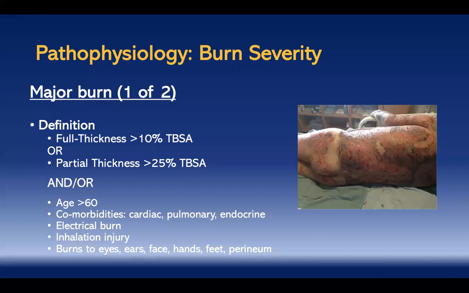If it's an electrical burn, because we're worried about the kidneys and cardiac dysrhythmias. If there was any risk for inhalation injury, because we're worried about swelling of the airway. And if there are any burns to those locations that make healing or function more tricky: the eyes, the ears, the face, the hands, the feet, and the perineum and the buttocks.